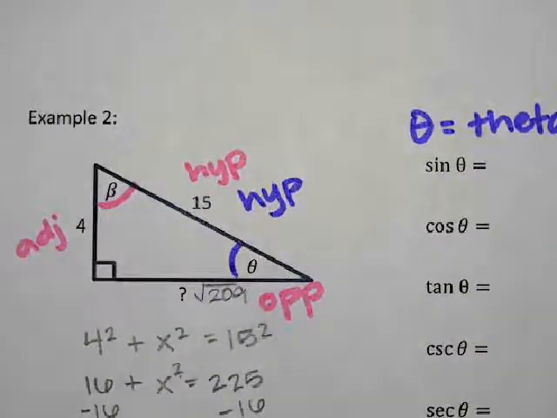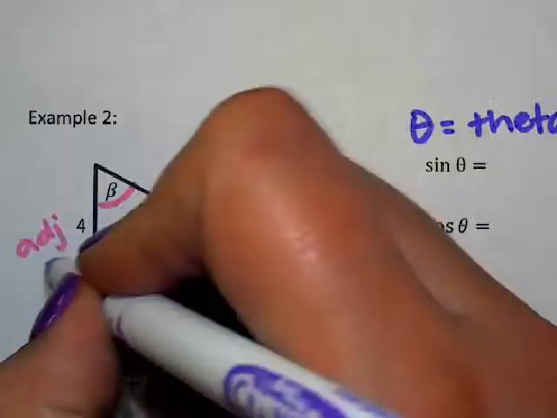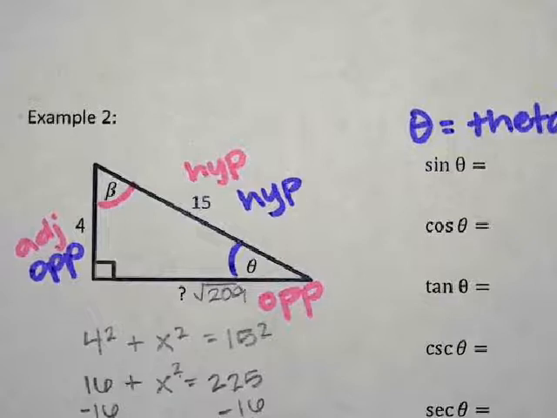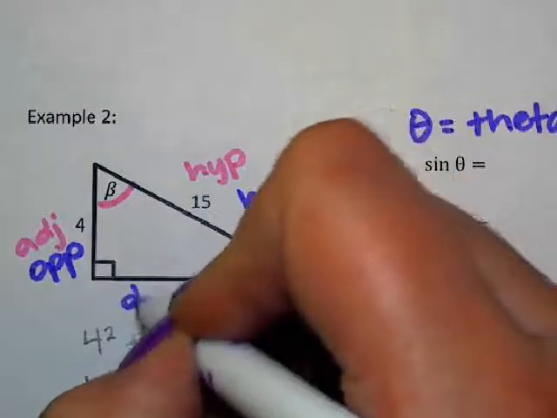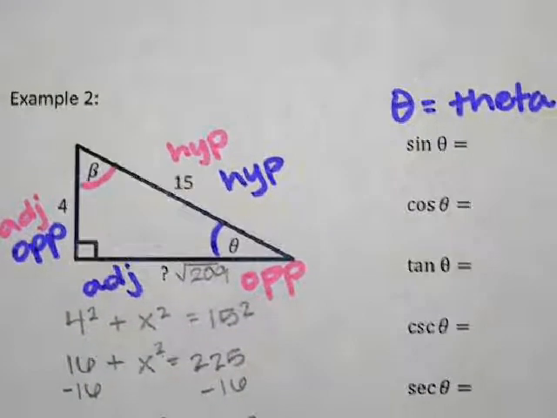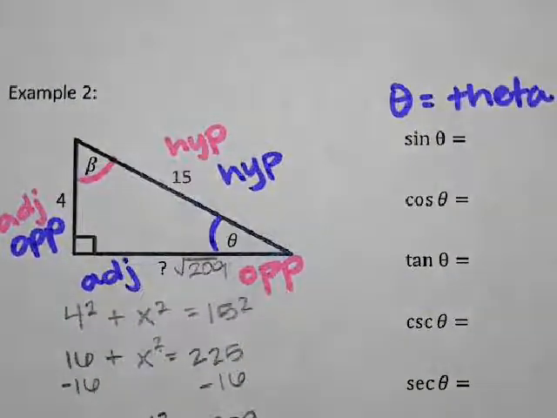It is called the opposite side. And what is the root 209 called now? It is called the adjacent side. Okay. So when we switch the reference angle that we're talking about, we switch the names. Not for everything. Not for the hypotenuse, but for the other two sides.